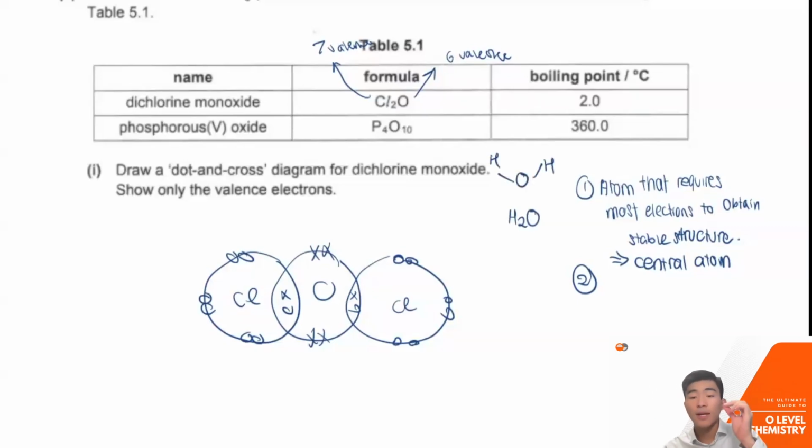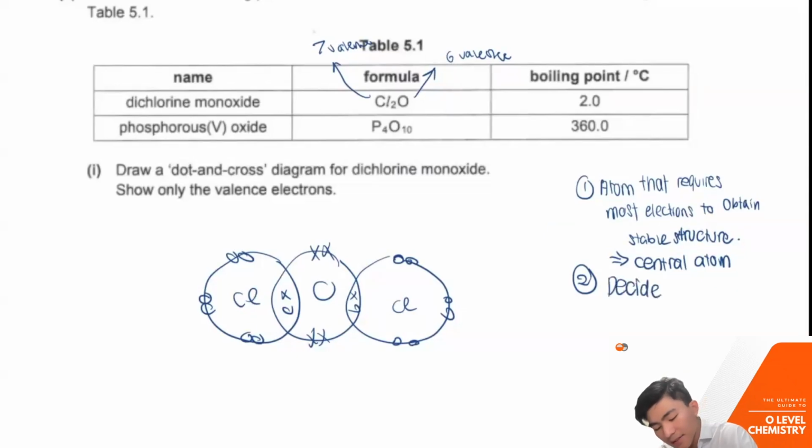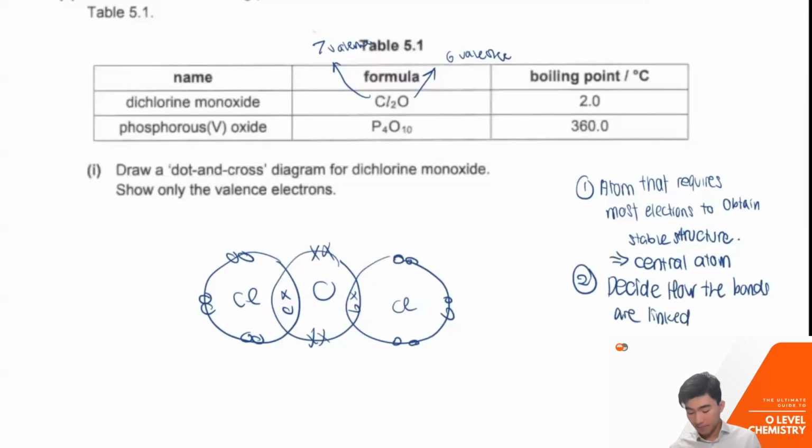So you always follow the atom that requires the most electrons to obtain a stable structure. Then the second step is to decide how the bonds are connected. And then you draw the structure.